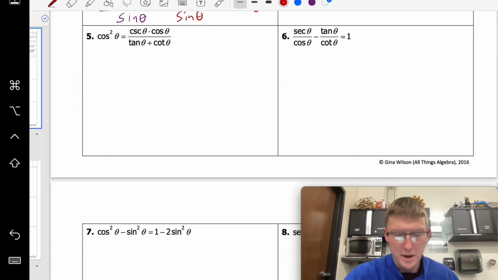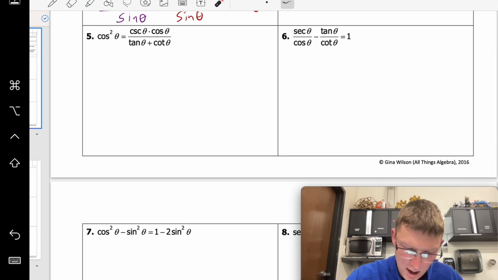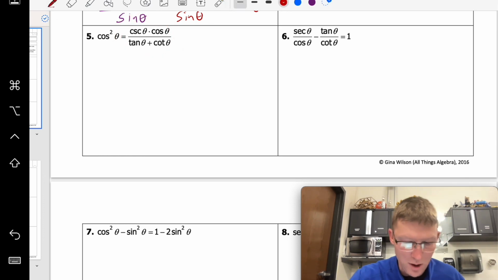Let's do one more and then I'll let you try some of these yourself in class. So we've got cosine squared equals a bunch of other stuff. So naturally, I'm going to start with this side and see if I can simplify that and see what happens.